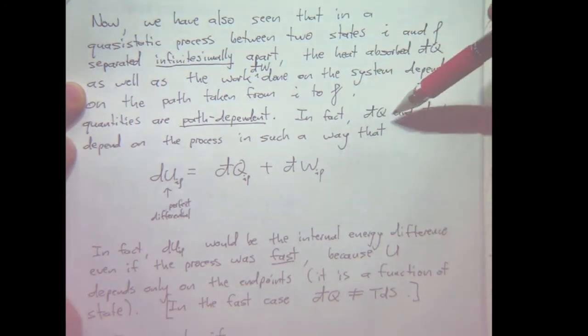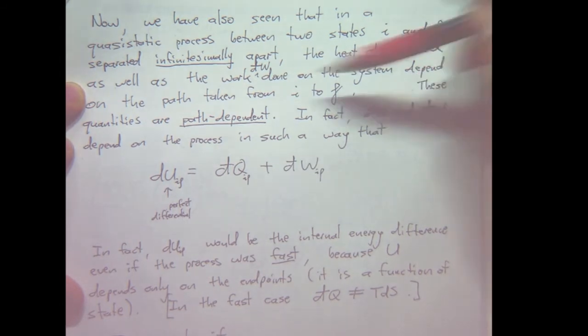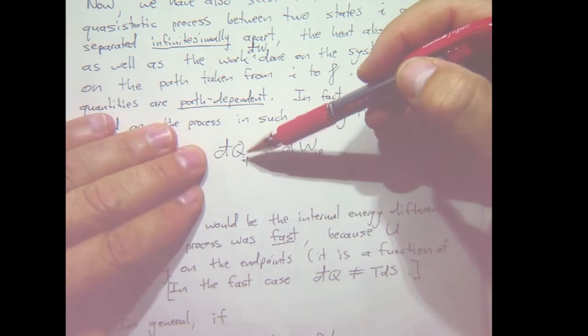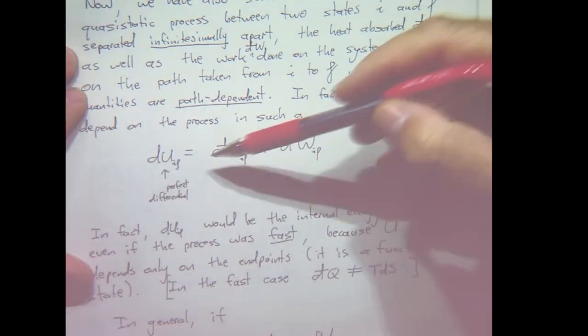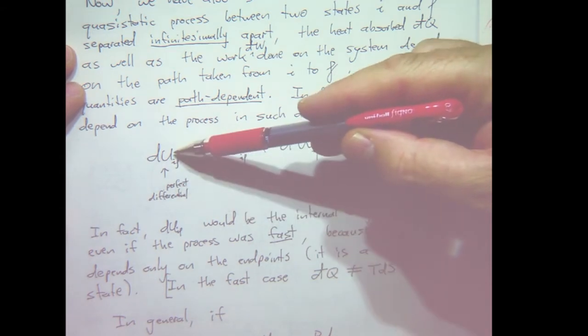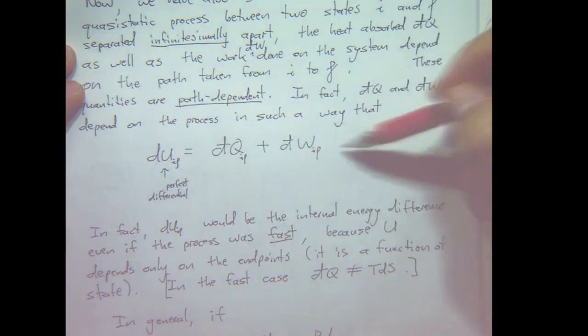In fact, the quasi-static quantities dQ and dW depend on the process in such a way that the sum of dQ and dW is equal to the perfect differential of the internal energy, because the internal energy is path independent. And this is the first law of thermodynamics.